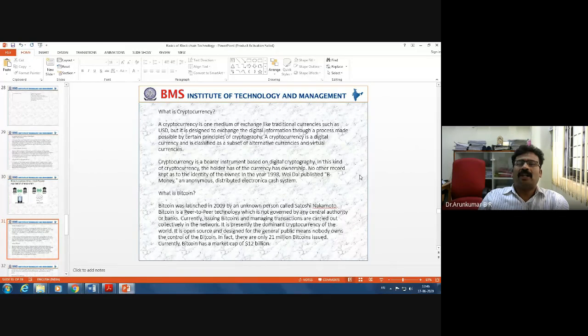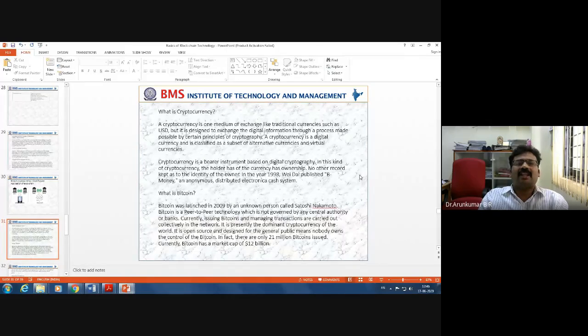In this kind of cryptocurrency, the holder has ownership of the currency, and no other record is kept of the identity of the owner. In the year 1998, B-money, an anonymous distributed electronic cash system, was published.